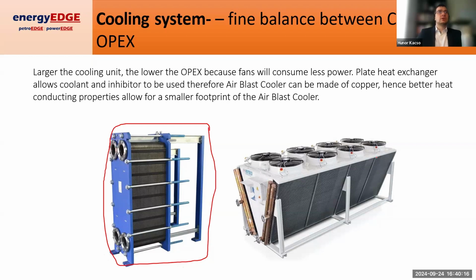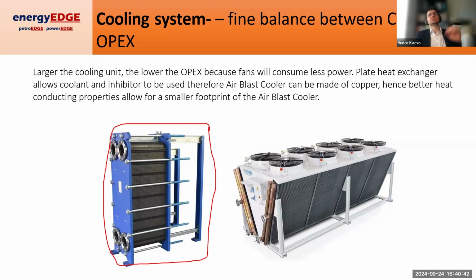Also, depending on what type of material of air blast cooler you use, if you're away from the shore, for example, at least 2 miles from the shore, on land, of course, then you're able to use the normal copper air blast coolers.